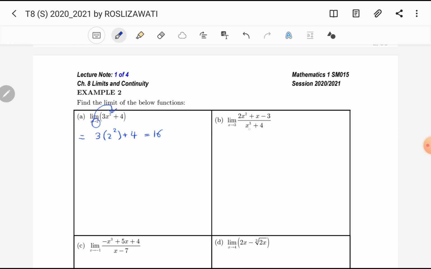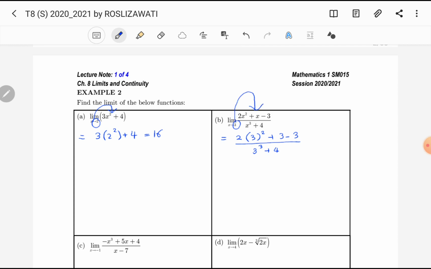Okay, part B. Okay, equal to 2 times 3 squared plus 3 minus 3 over 3 cube plus 4. So we substitute x with 3 into the function.